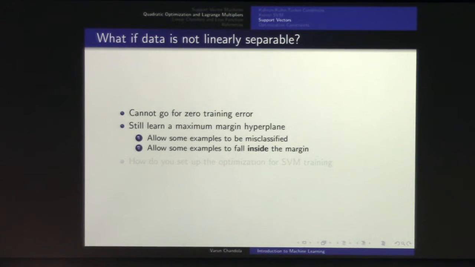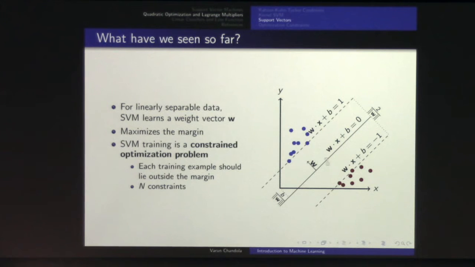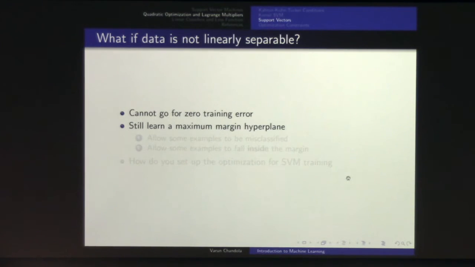You allow some examples to be misclassified, they could be on the other side, and you also allow some examples to fall inside the margin. It means that it is okay to learn a line in which some of these blue points are either here or on this side of the hyperplane, and some of the red points are over there. So you allow for some training error.